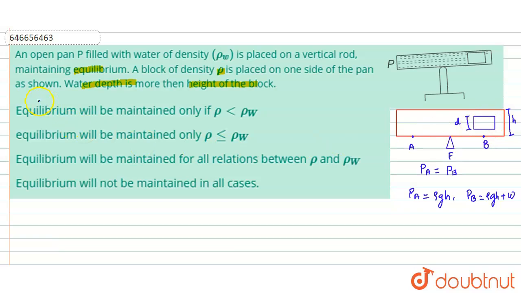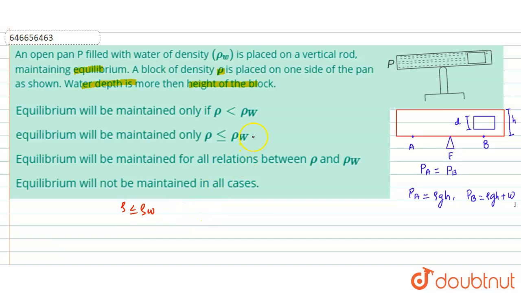So the condition for this block to remain in equilibrium is that this block should float in water like this, and it will float in this liquid only when its density is less than or equal to the density of the liquid.